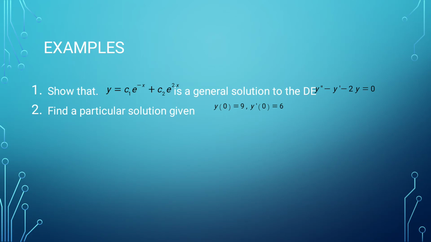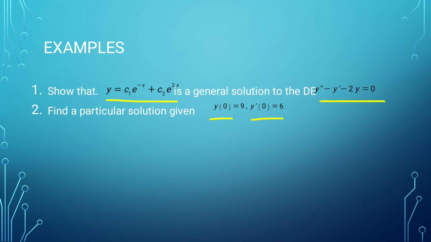Okay, let's look at an example. We are given this example here. Show that this solution with constants is a general solution. If the constants are not specified, then we know this is a general solution to a DE, this particular DE. Then find a particular solution given the initial conditions.